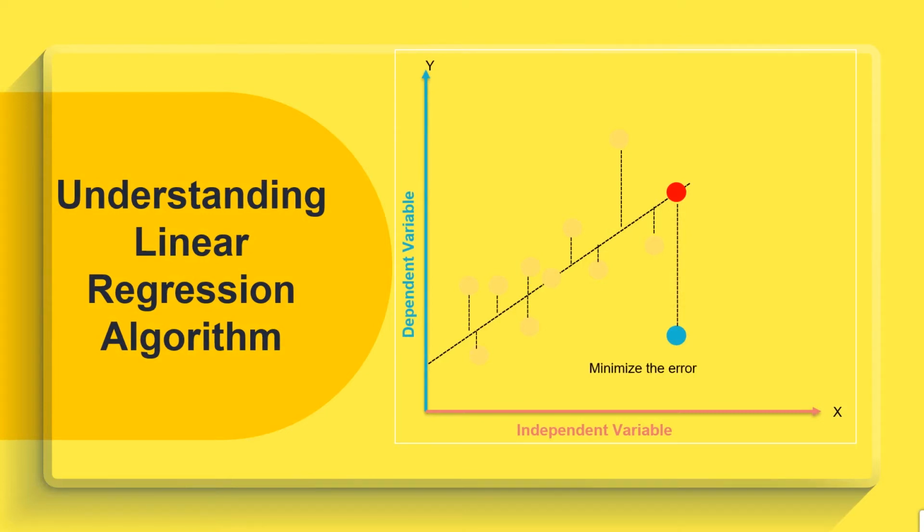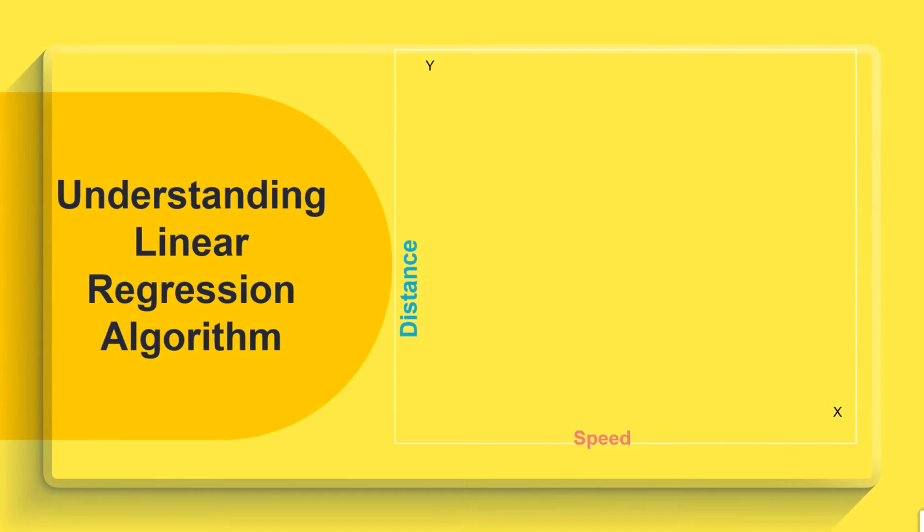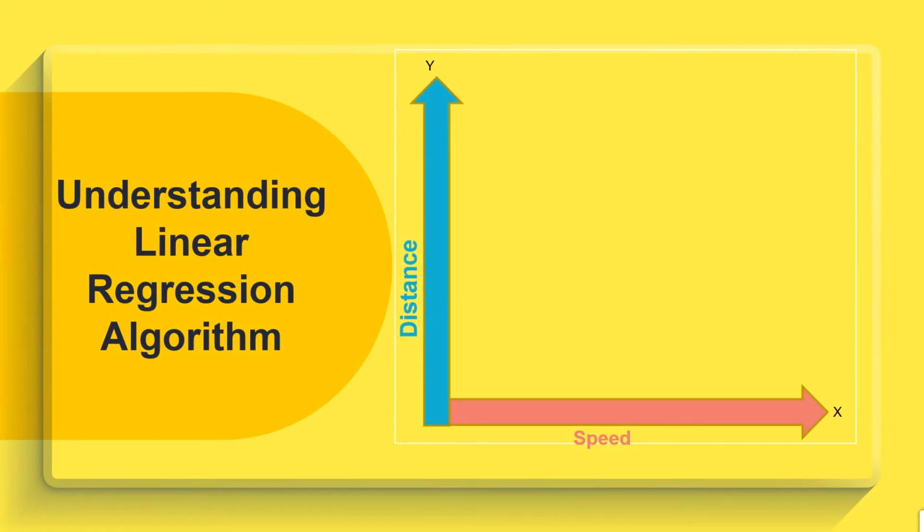This was a brief understanding of the linear regression algorithm. Soon we'll jump towards mathematical implementation. But for then, let me tell you this. Suppose you draw a graph with speed on the x-axis and distance covered on the y-axis with the time remaining constant. If you plot a graph between the speed traveled by the vehicle and the distance traveled in a fixed unit of time, then you will get a positive relationship.